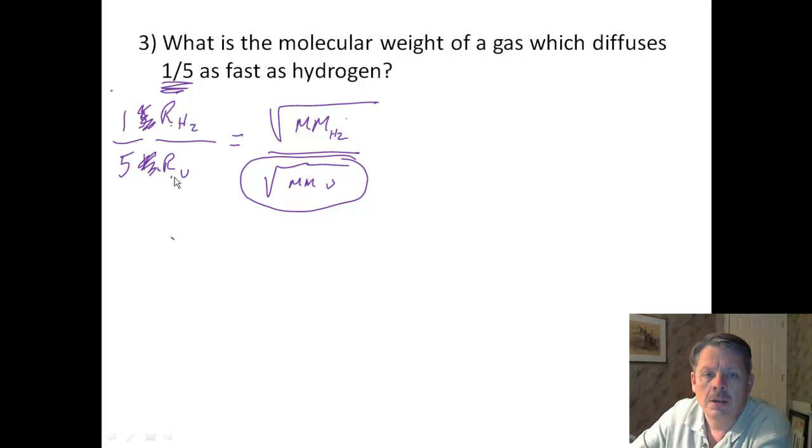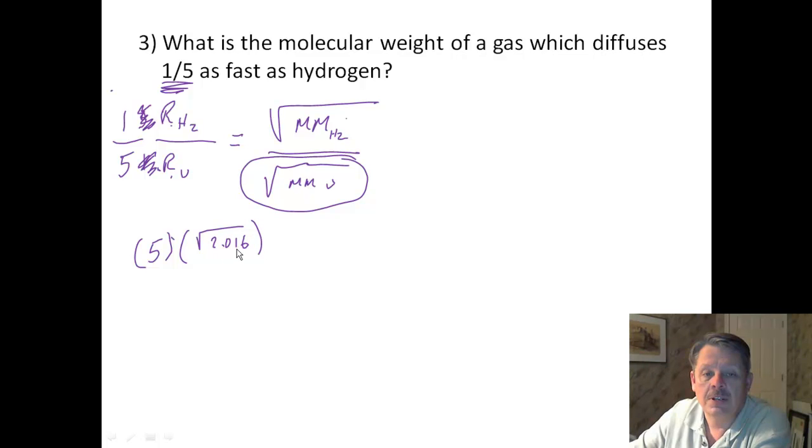All right, the rate of my unknown is 1/5 the speed, so it takes 5 times longer for that to happen. Good, so that makes more sense. So I take 5 times the square root of the molar mass of hydrogen. Now, the molar mass of hydrogen is 2.016.